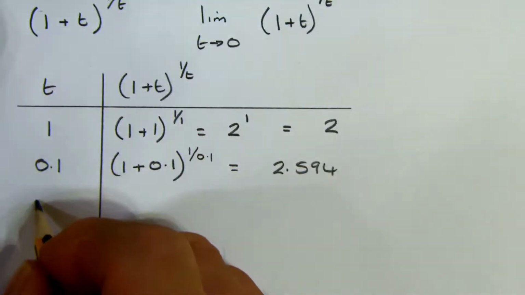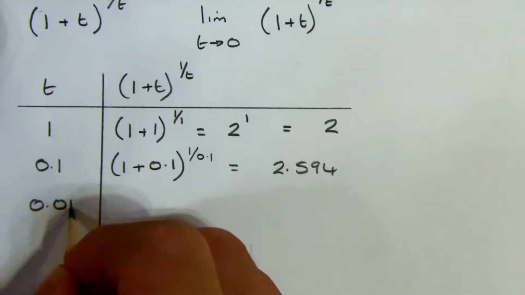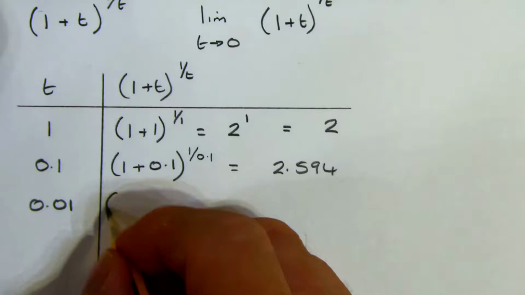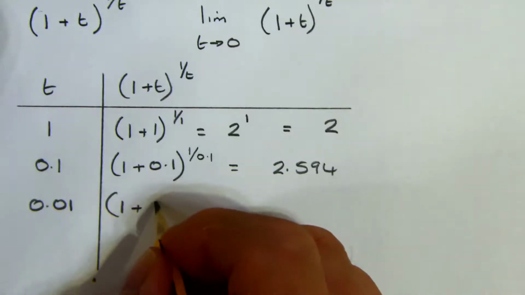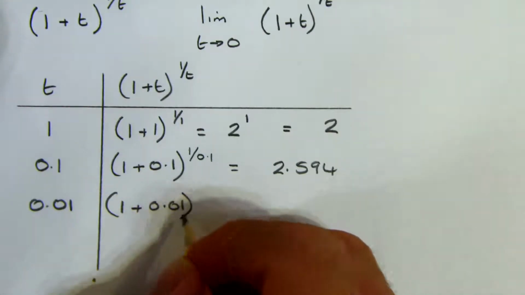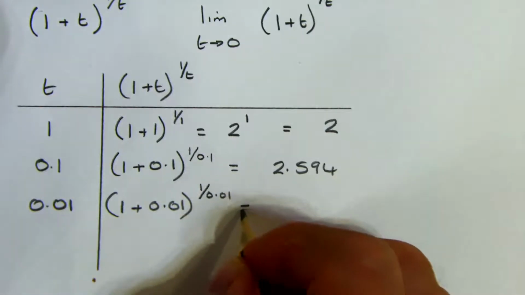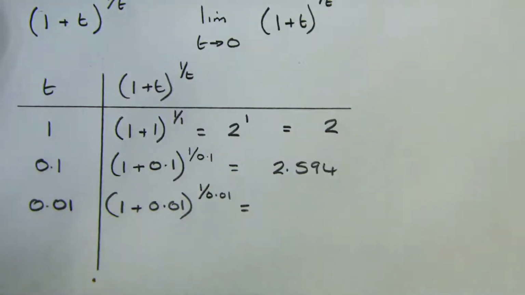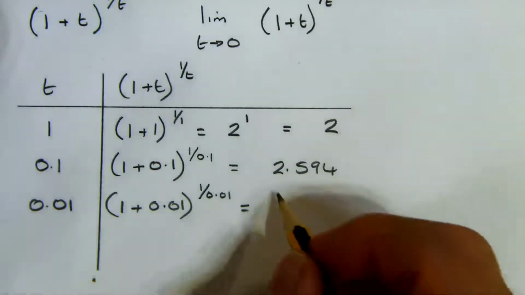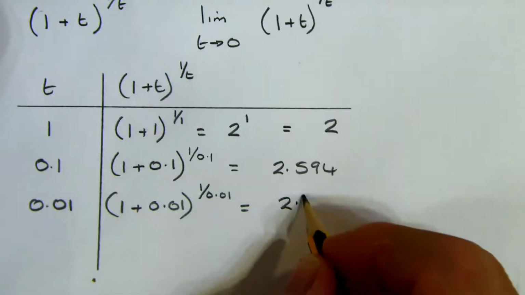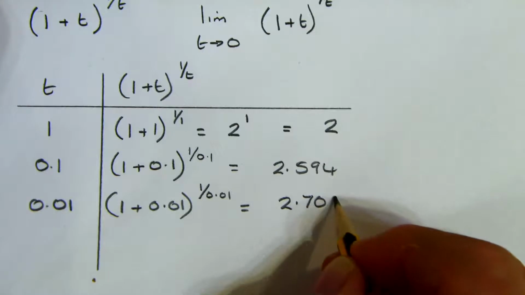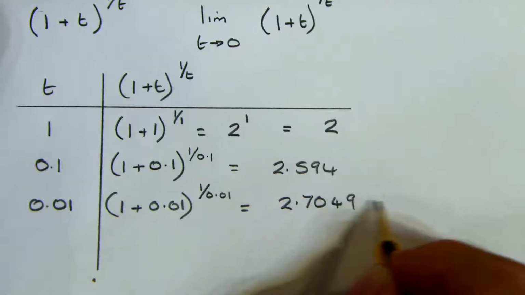Let's make t smaller, 0.01. 1 plus 0.01 to the power of 1 over 0.01. We put this into the calculator and we get 2.7049.